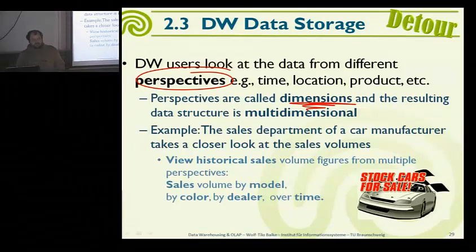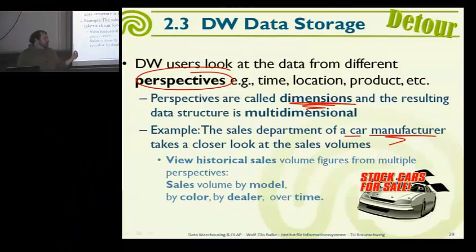So multidimensional means that, I don't know, if you take a car manufacturer, for example, and the sales department, they need to know about sales volume, right? And they might order the data in different perspectives, right? They might look at different volumes by model. They might look at different colors or how different dealers did, or different locations, right?